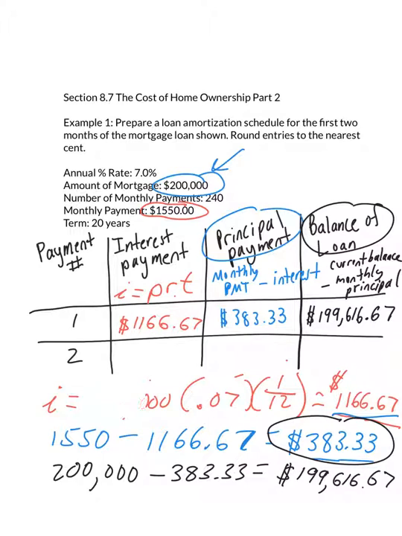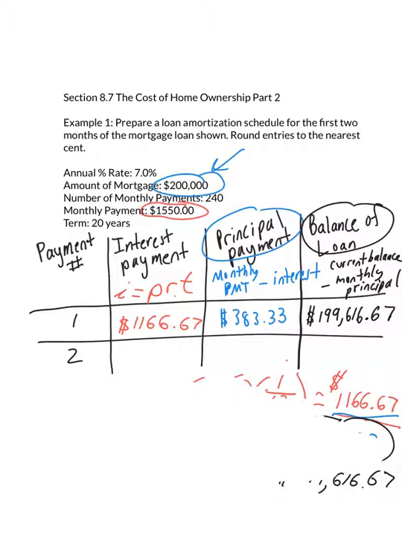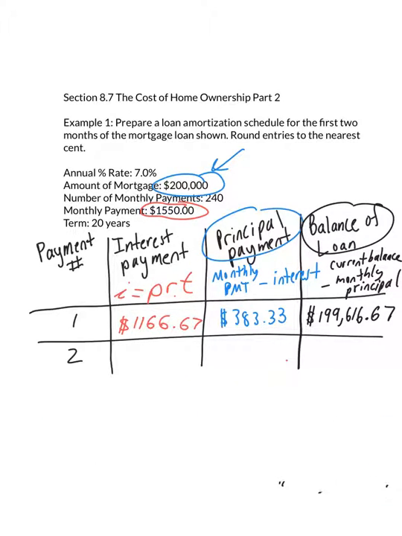So now we're going to go into month 2, but keep in mind the principal P is no longer $200,000. We're going to use the new balance of the loan. So going back to the first box, the interest payment, remember we're using interest equals principal times rate times time.